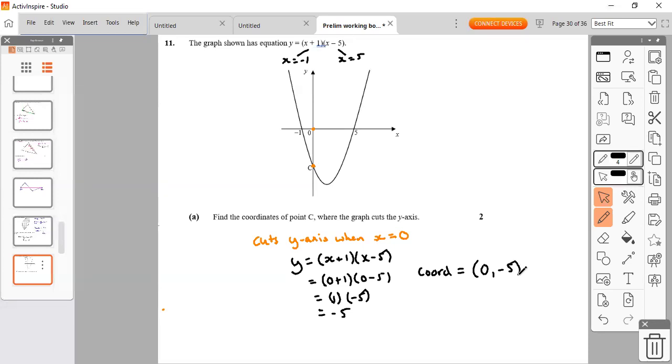Now you're showing a graphic of that, so does that actually make sense? Well, yes, it's below the x-axis, so you're expecting a negative y, and x will be 0. So that makes complete sense. That coordinate is (0, -5). So you're just substituting x equals 0 into that, and then solving.